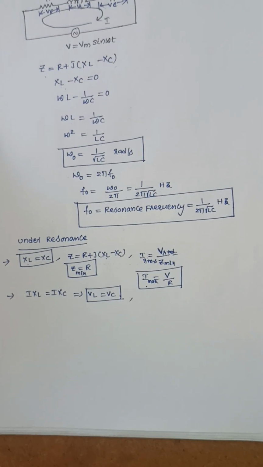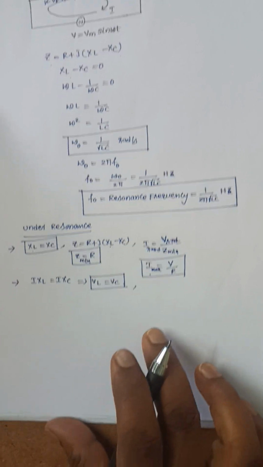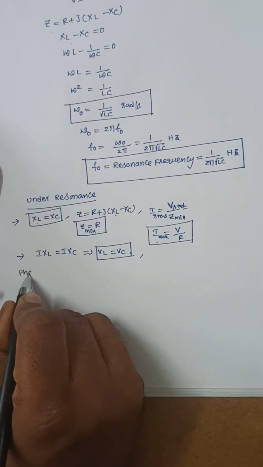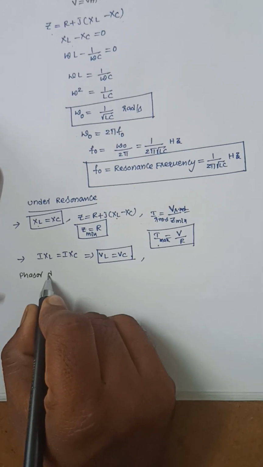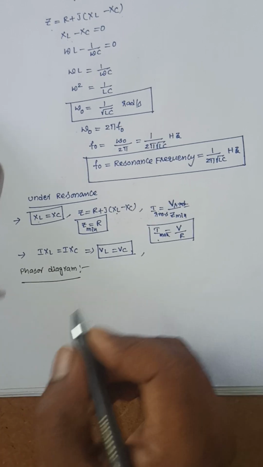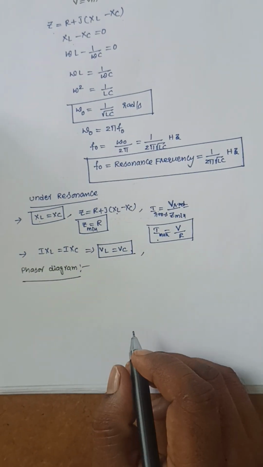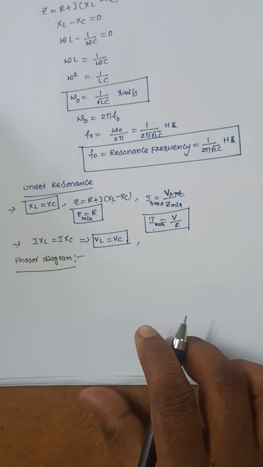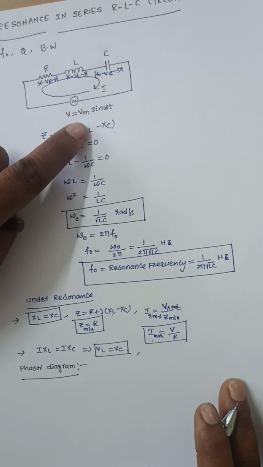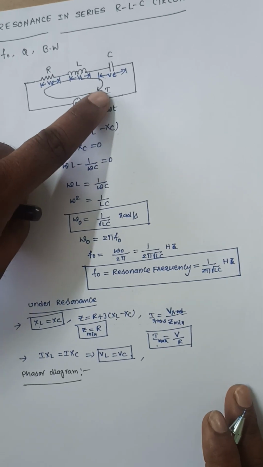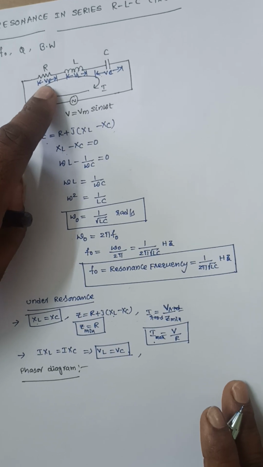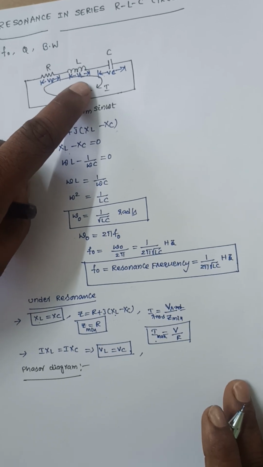let me draw the phasor diagram for a series RLC circuit under resonance condition. The phasor diagram indicates the total supply voltage V, the current I, the voltage across the resistance VR, VL and VC.